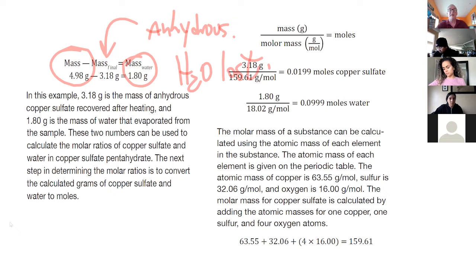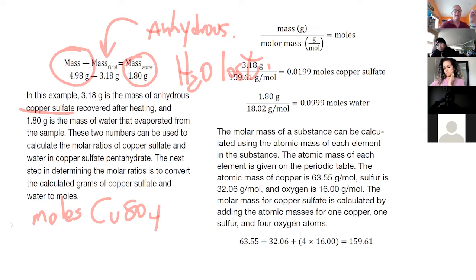And so we need to figure out how many moles of the anhydrous salt there are. In this instance, we've got copper sulfate. So we would figure out the number of moles of copper sulfate in the dried material, because in the anhydrous material, the only thing there should be is copper sulfate.